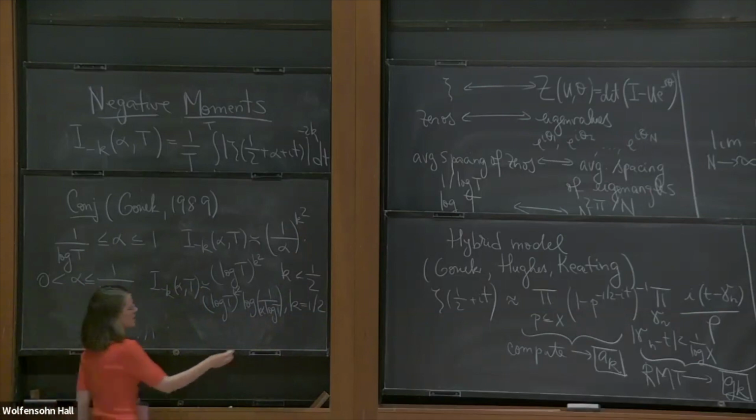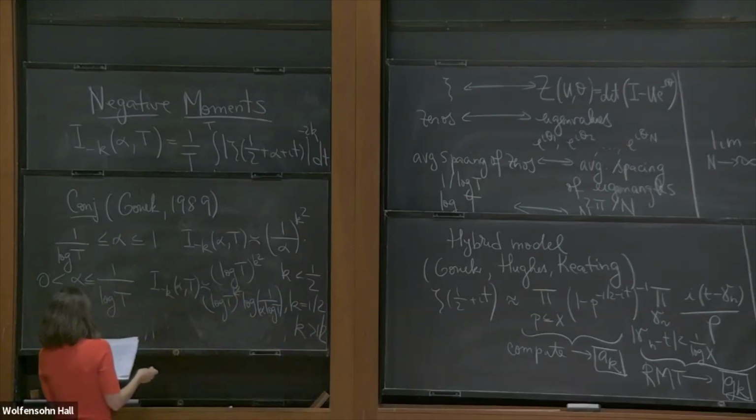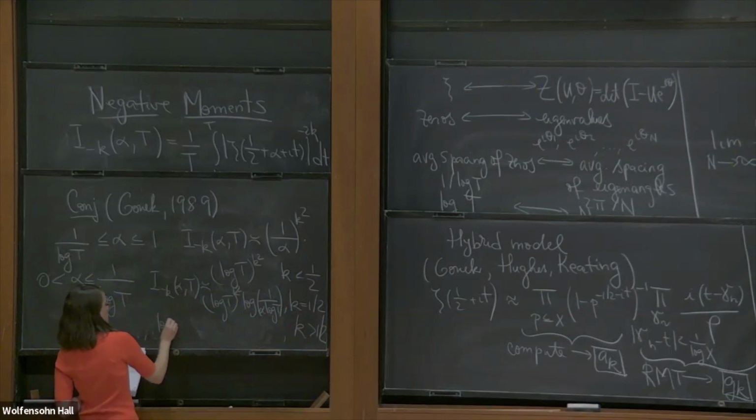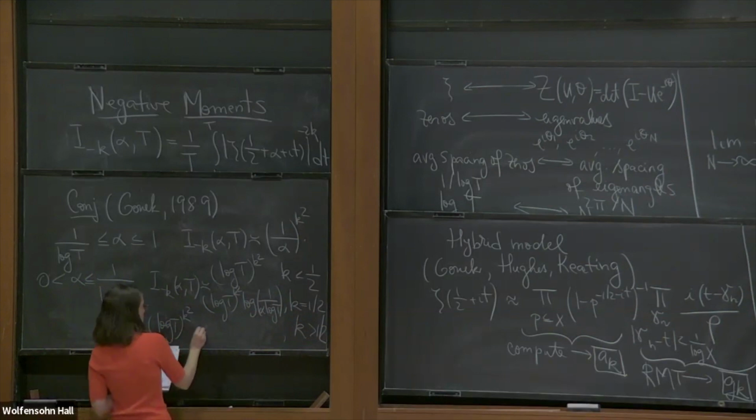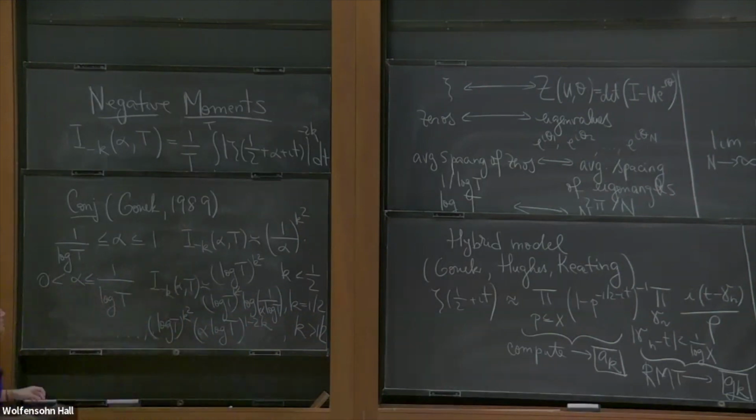And now if k is bigger than 1/2, then he predicts log t to the k squared times alpha log t to the 1 minus 2k. So there are 3 different formulas depending on the size of k.